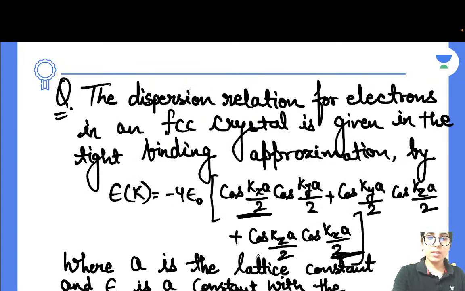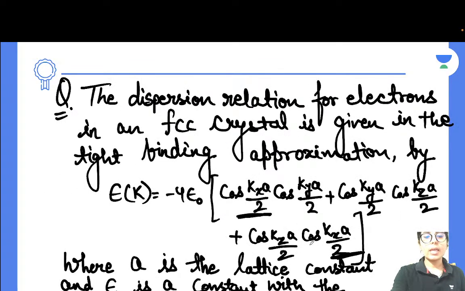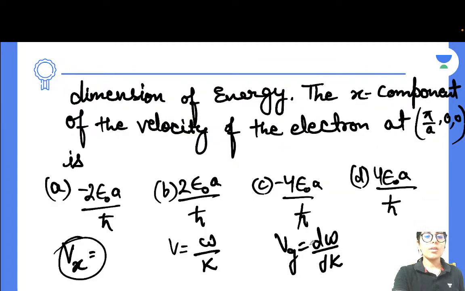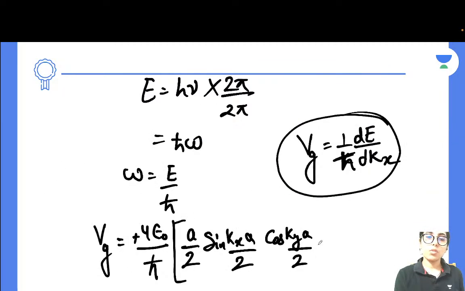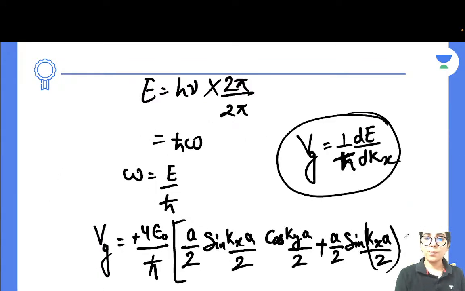The next thing is cos ky a over 2 will remain as it is. Then next, again you will get the negative of a by 2 sine kx a over 2, right? So negative will go common, which will give you just plus a by 2 sine kx a by 2. It's just the part of angle. Next is cos kz a over 2.